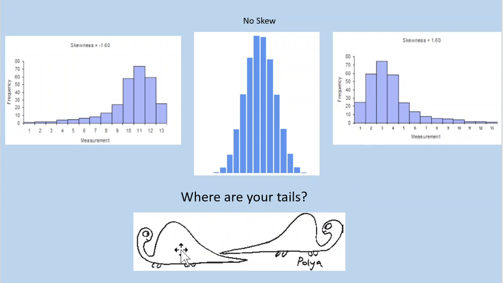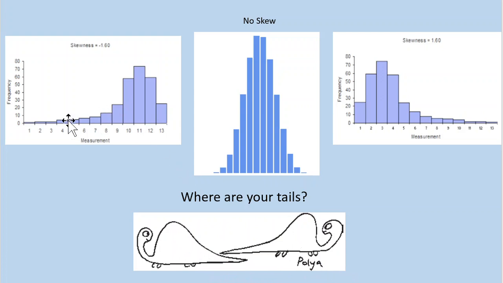And you can see this in this picture right here, where we have a dinosaur, maybe a brachiosaurus, and most of his body is right here, and then here's the tail, which has the least amount of information. And this is a positive skew because the tail is pointed to the right.